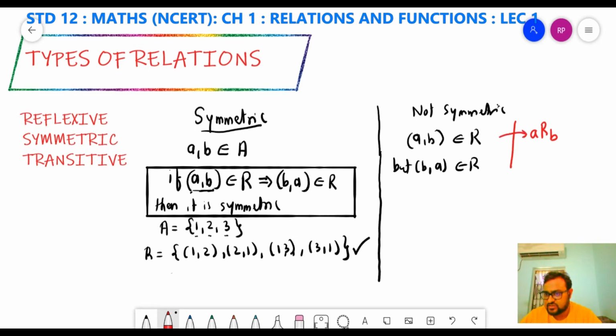You can write it in this way. But see here, (b, a) does not belong to R. That means it is not symmetric.